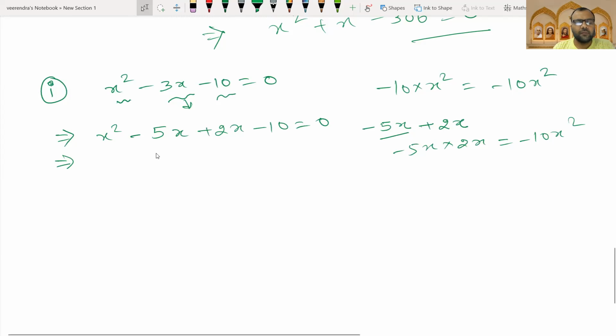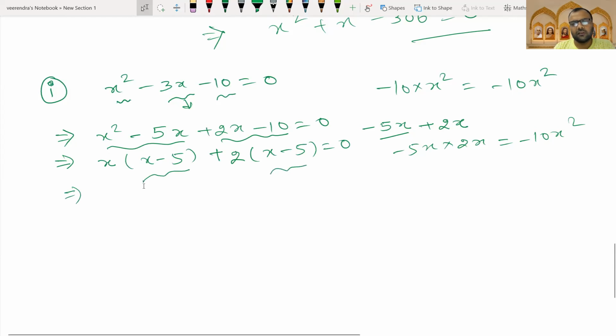Now we will make pairs, a first pair and a second pair. From the first pair, we can see clearly that x is common. After taking x common, it becomes x into x minus 5, plus from the second pair, 2 is common, so it becomes 2 into x minus 5. Now it is very clear that x minus 5 is common in both terms.